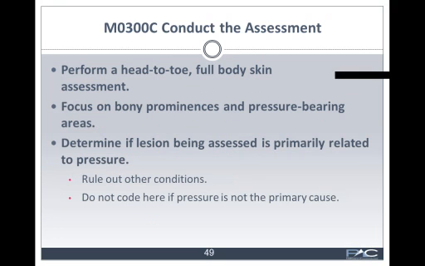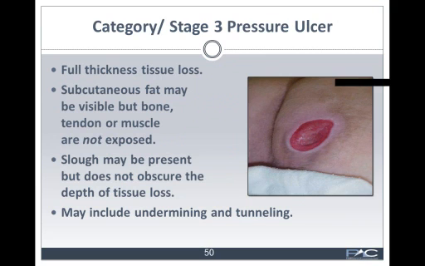Okay, so just to briefly look at stage 3 and stage 4 pressure ulcers. Again, this is making sure you perform your full head-to-toe assessment. Stage 3 is full thickness tissue loss. Subcutaneous fat may be visible, but bone, tendon, or muscle are not exposed. This is another area you need to be cautious with.